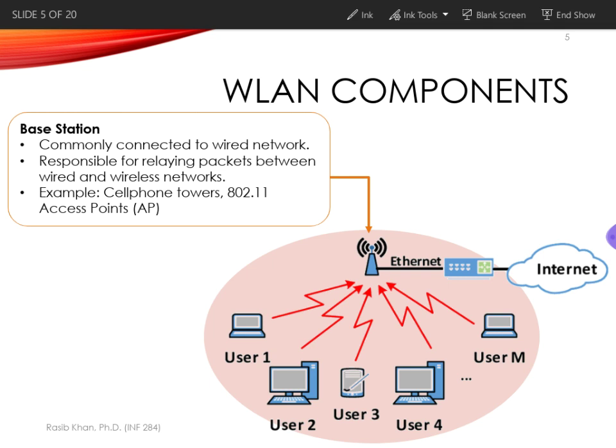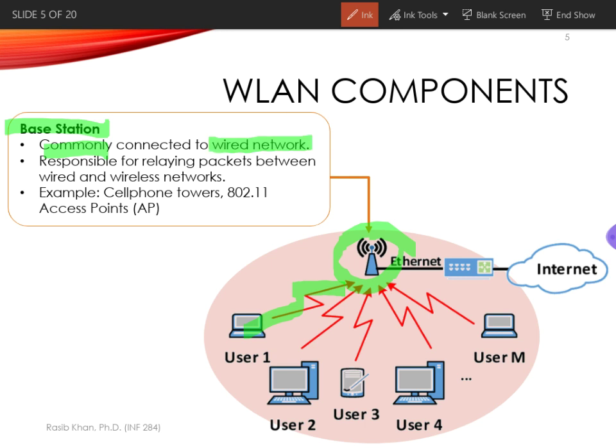The next element for wireless LANs is the base station. As you can see here in the diagram, the base station is basically the central point which facilitates the wireless link connection to the wireless nodes, and it's also very common to see these base stations connected to the wired part of the network.